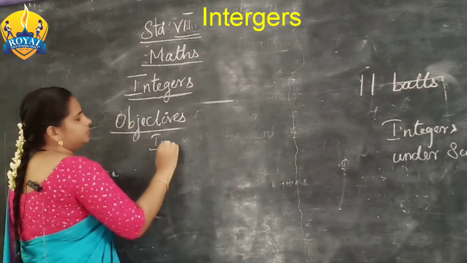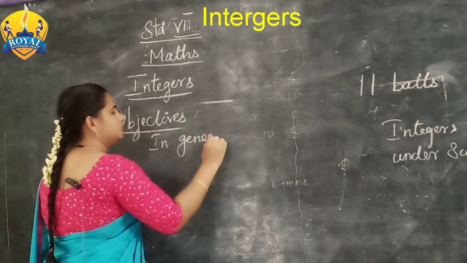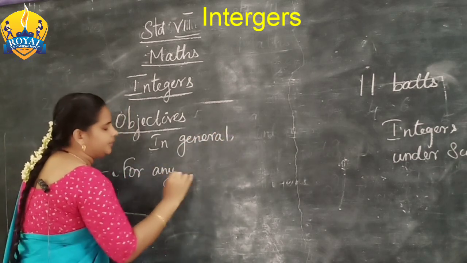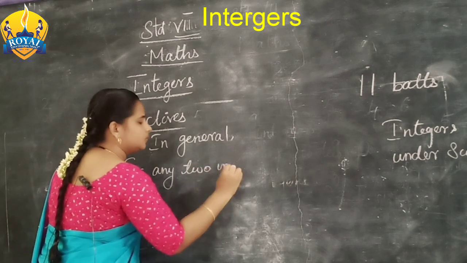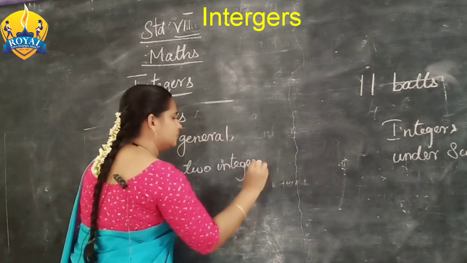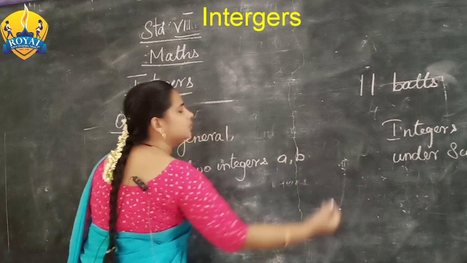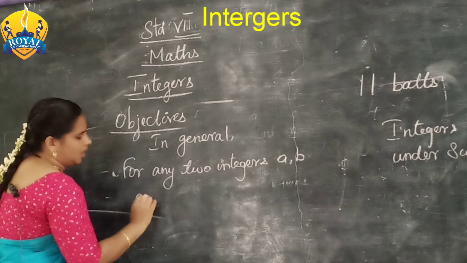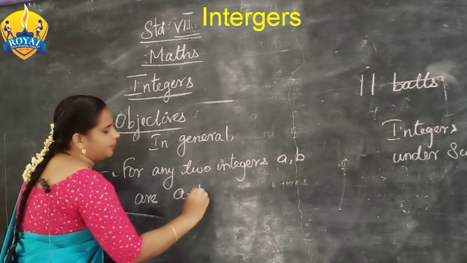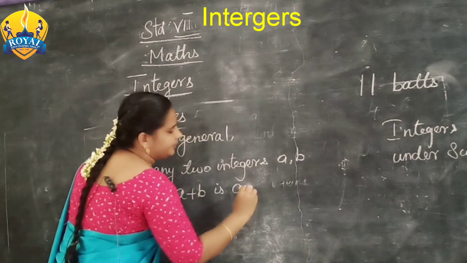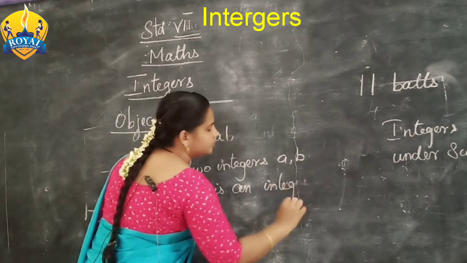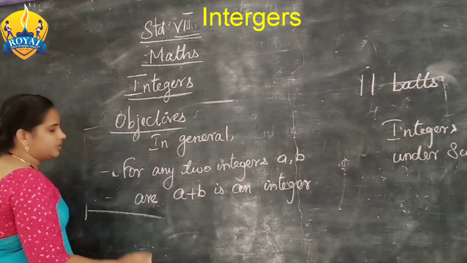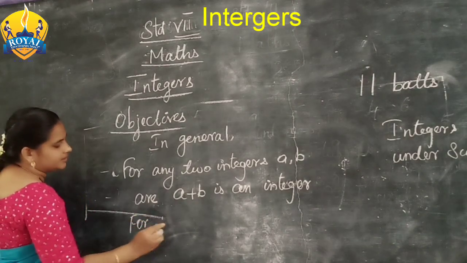In general, for any two integers a and b, a plus b is an integer. So closed under addition.